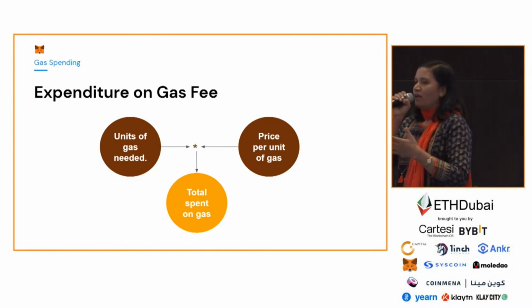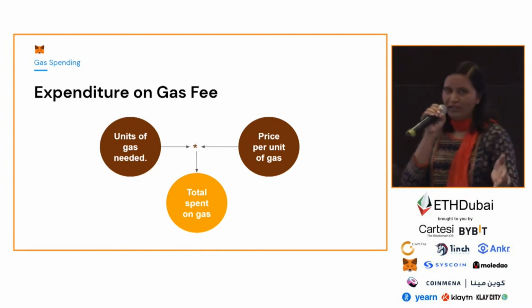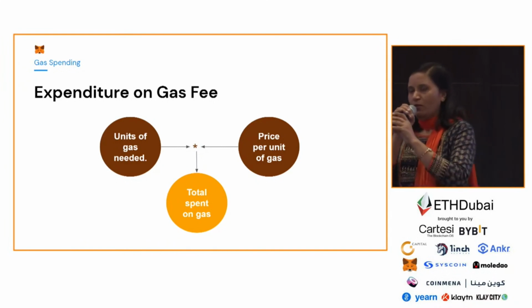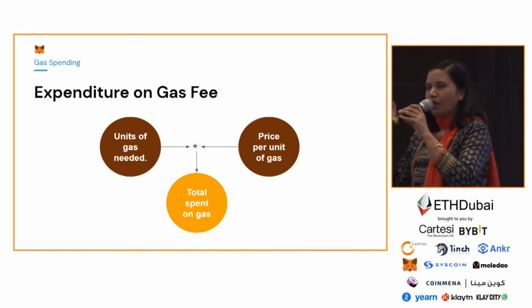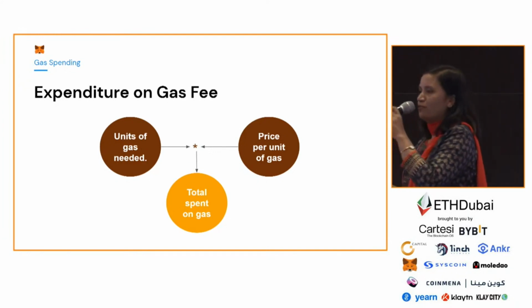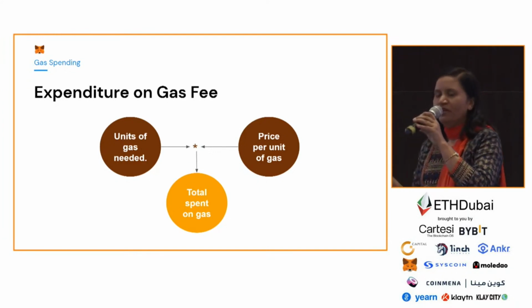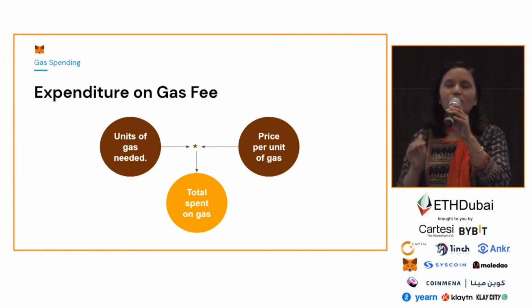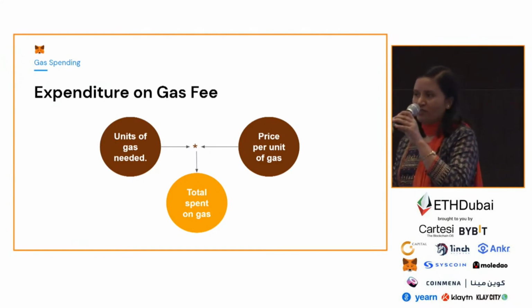That will be the number of liters of fuel that you will take multiplied by the price of the fuel. The number of units of gas your transaction will need depends on the complexity and the size of the contract. That multiplied by gas price will give you your total spending on gas for your transaction.